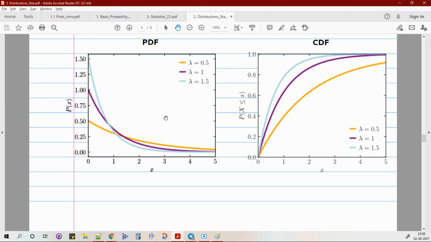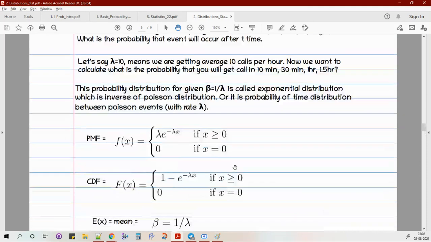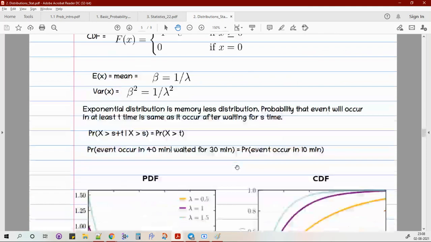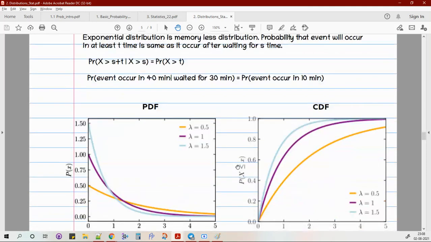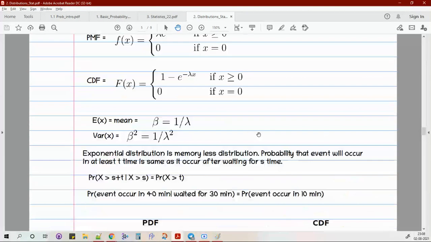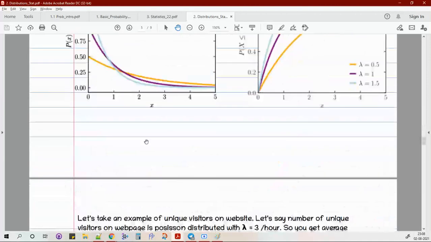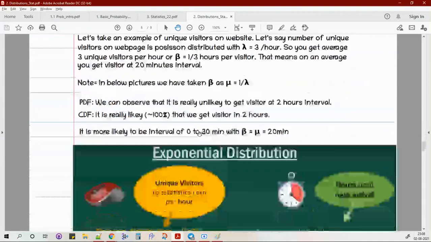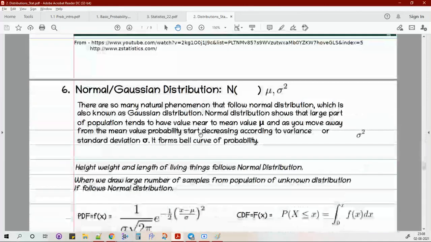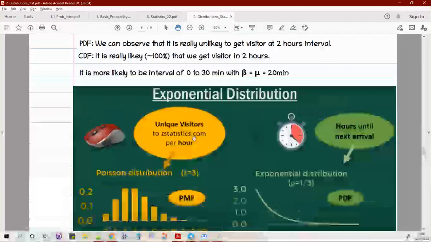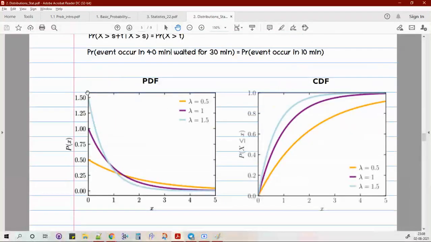So this exponential distribution, there are some uses also. I guess I should have something like this. This exponential distribution, or next, I guess we have that power law distribution. This is only power law distribution, right?